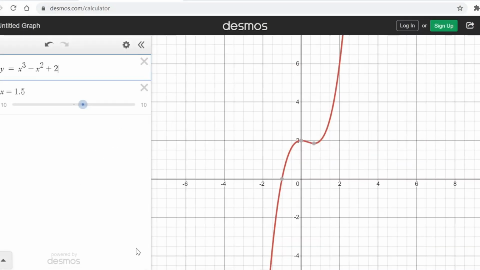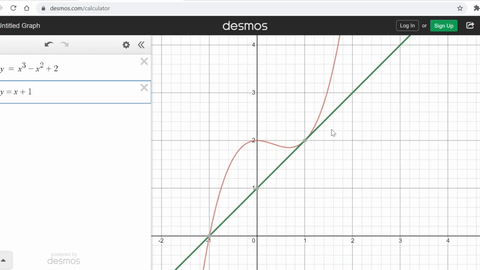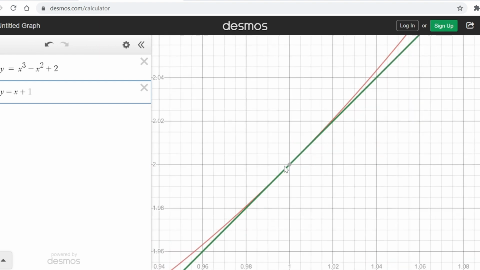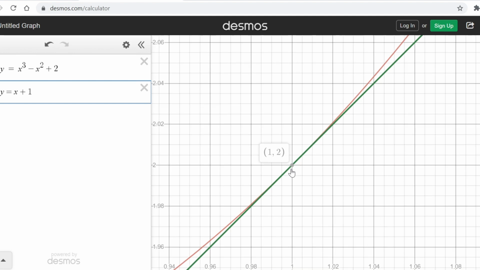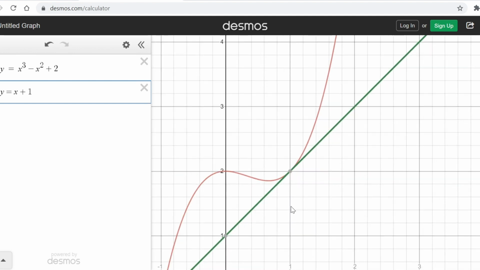So let's check out the graph. There's our graph. If I graph the line y equals x plus 1, you should see that it's a tangent to the curve. It hits the curve at (1, 2), and it's tangent, so it just barely touches it. It never cuts through it. It only just touches the curve at that point. So cool, that green line is a tangent.